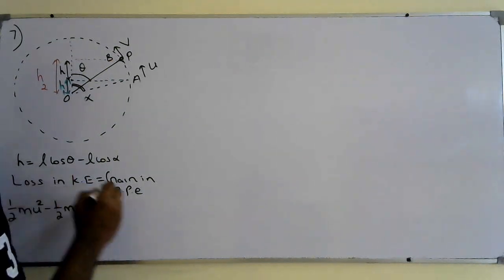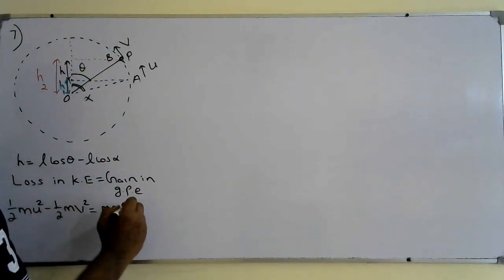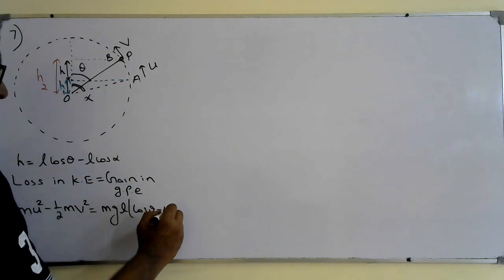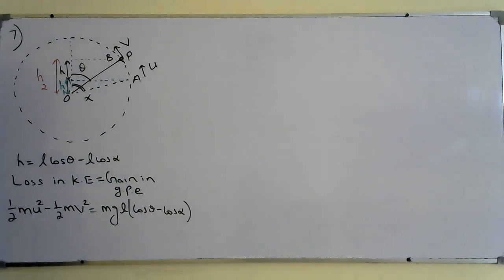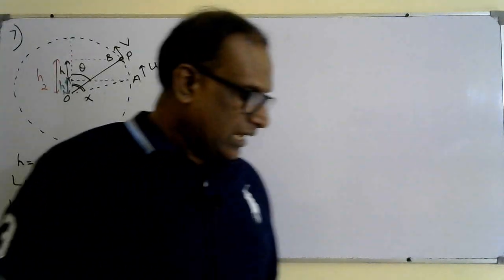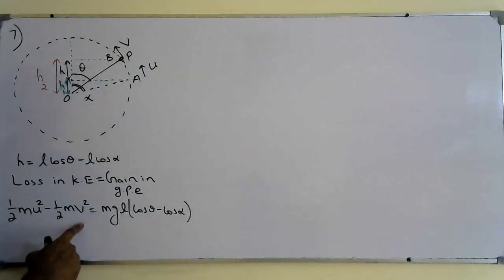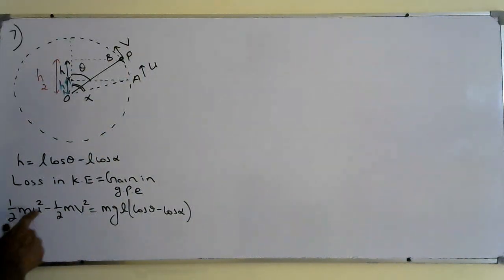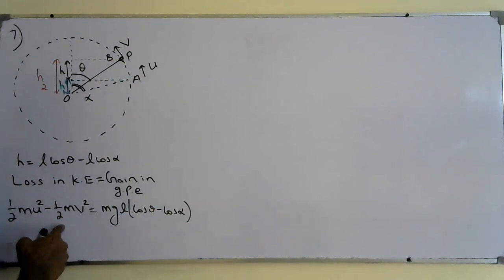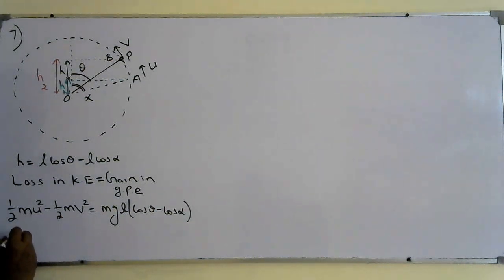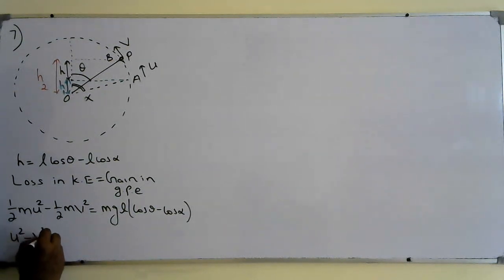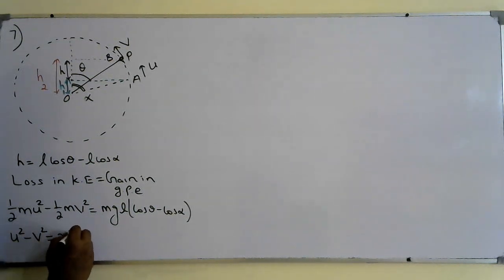H means this one; I can take L out, so L times cos theta minus cos alpha. We need to make V squared the subject. You can divide the whole equation by m and multiply by 2, so it becomes u squared minus v squared equals 2gL(cos theta minus cos alpha).